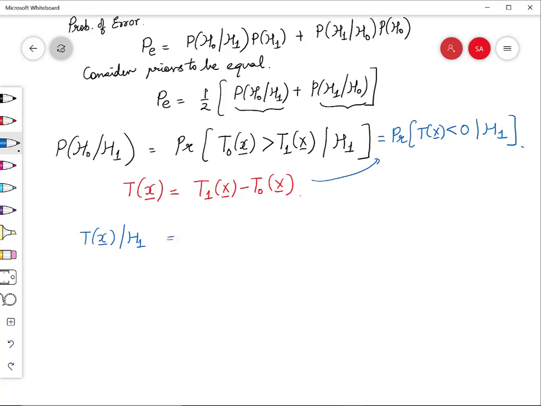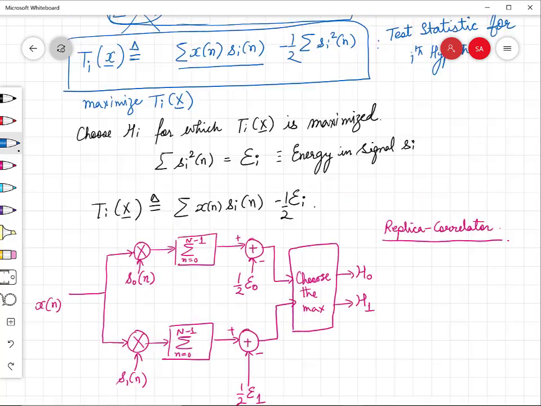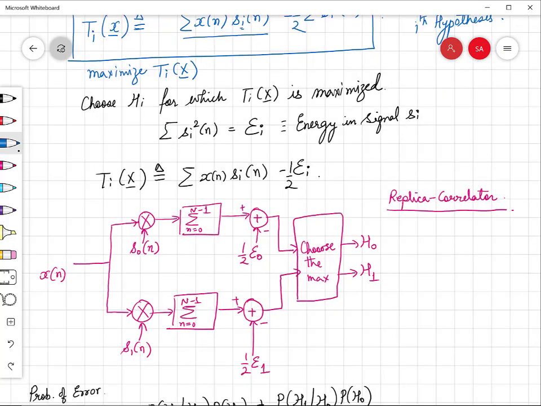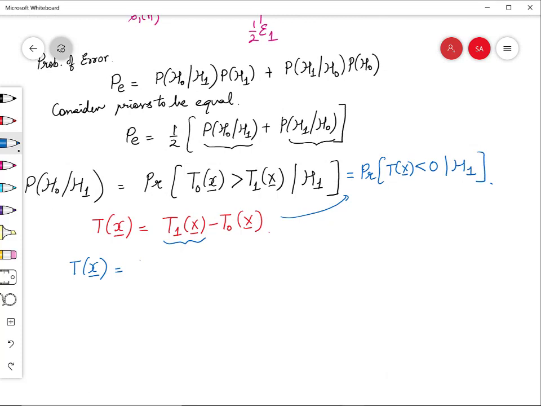Let me first write T of x. What is T1 of x? From here you can see T1 of x is summation x[n] S1 of n minus half E1. And what is T0 of x?